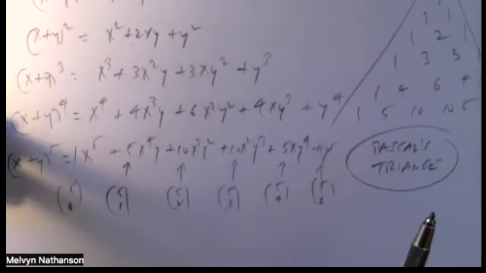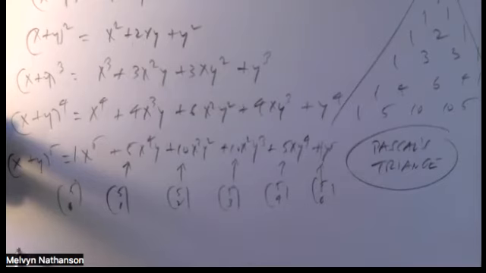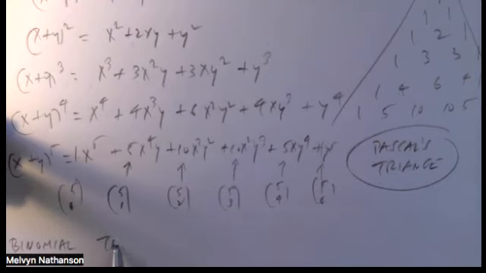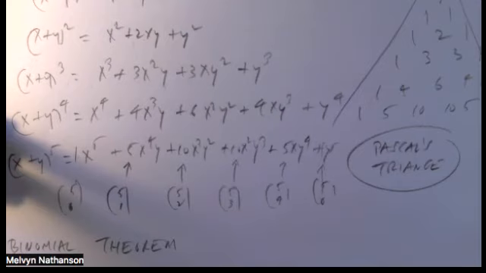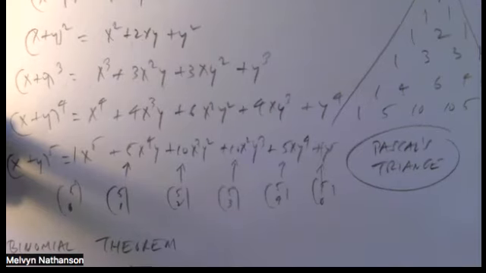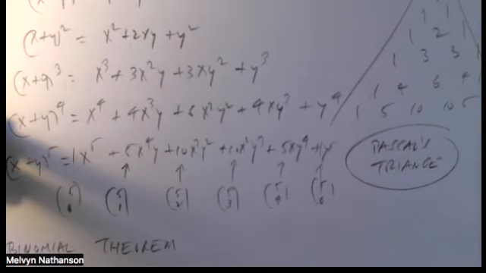And this is a special case of the phenomenon, the theorem, which says that for every non-negative integer n, (x plus y) to the n, when you expand this, when you multiply it out, you get a sum, k going from 0 up to n. The highest power of x is x to the n. The highest power of y is y to the n.